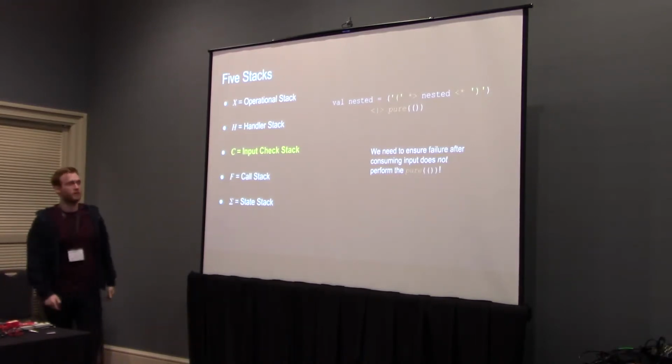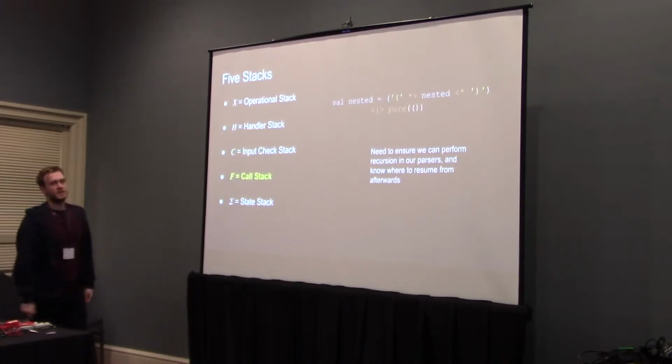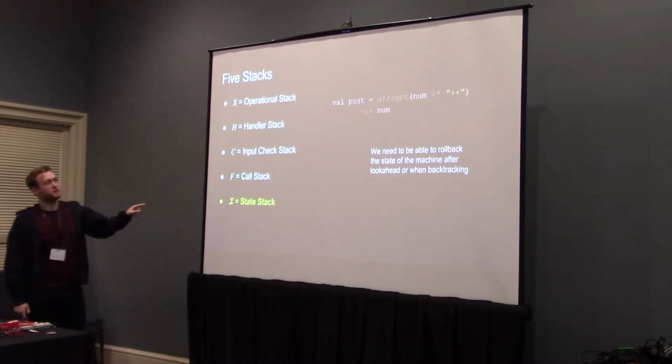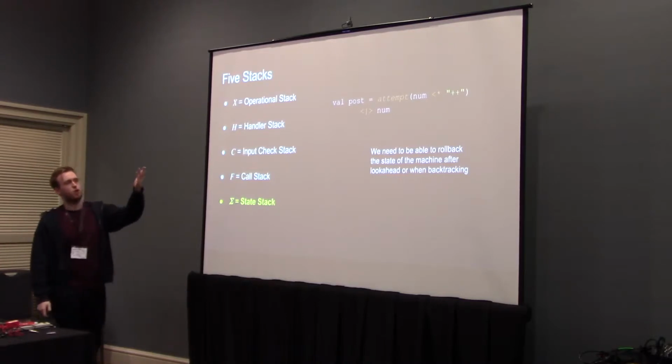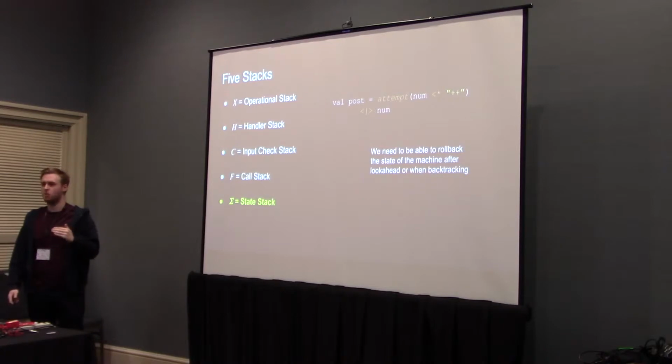It should fail properly. The call stack is used for when there is recursion. We need to keep track of where we are in the code at the call point and where we should go back to afterwards. And the state stack is only used when we're trying to roll back some state in the machine. It needs to keep track of what the state was before everything went wrong and restore it afterwards.